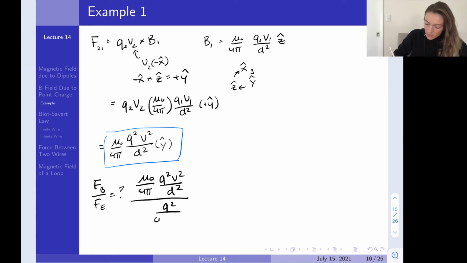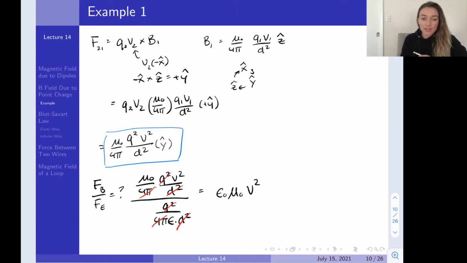Now we can see this d squared and this d squared cancel. We have a 4 pi and a 4 pi that cancel, and then we have a Q squared and a Q squared that cancel. So what we're actually left with is epsilon naught times mu naught times v squared.